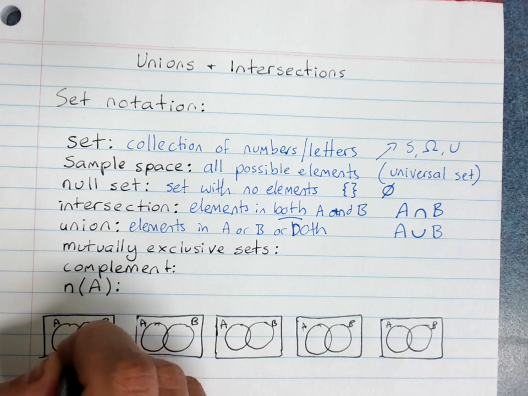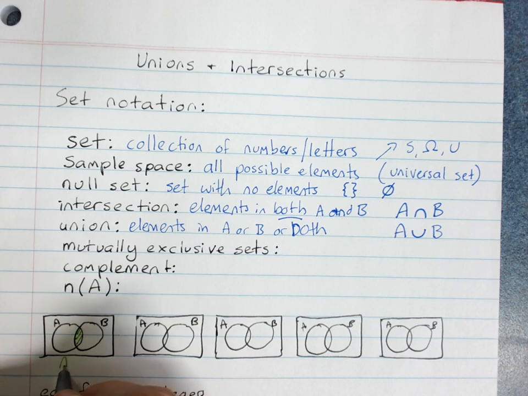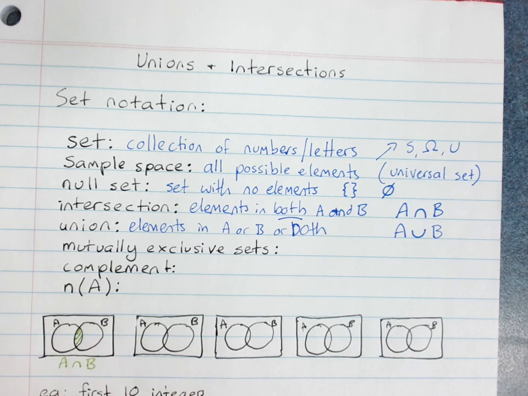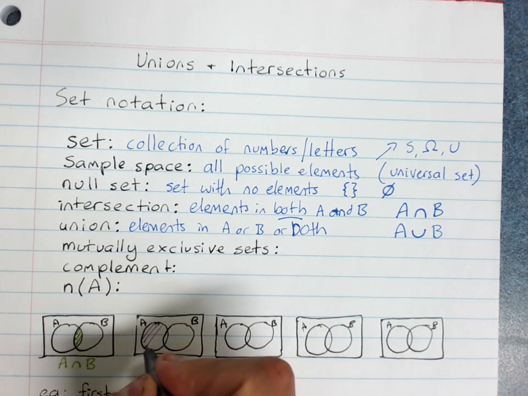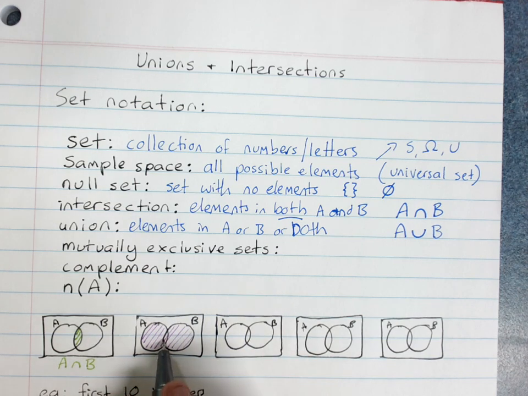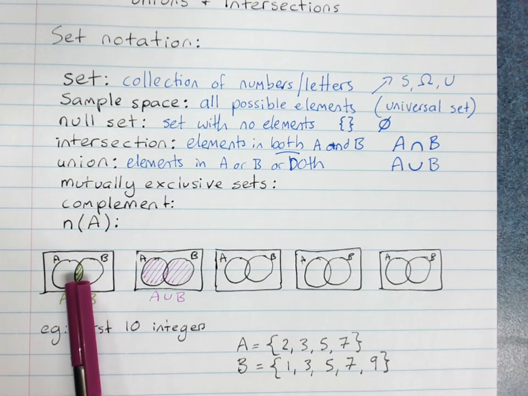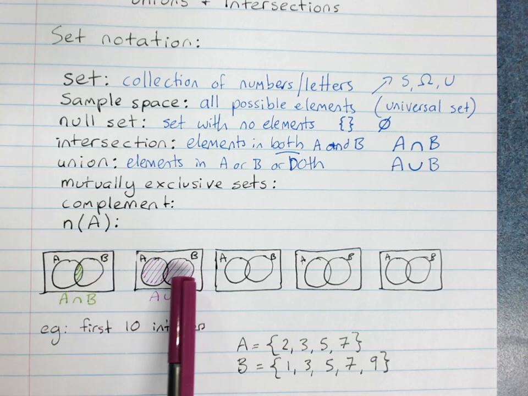So this region here would be the intersection, A and B. Anything that's in A or in B or in both, and I've coloured in that both section there, that's the union, A or B. So the intersection is only where they overlap. The union is anything that's in A or B or both.